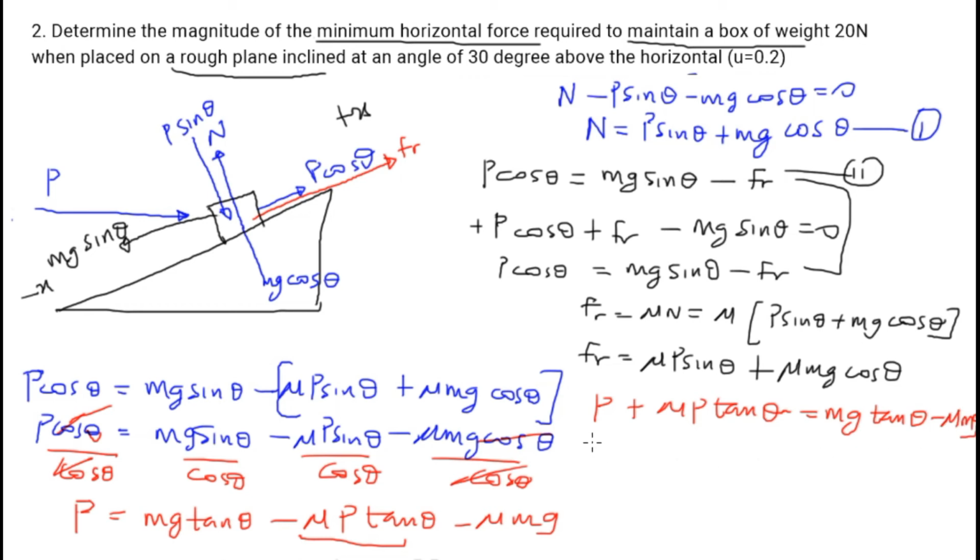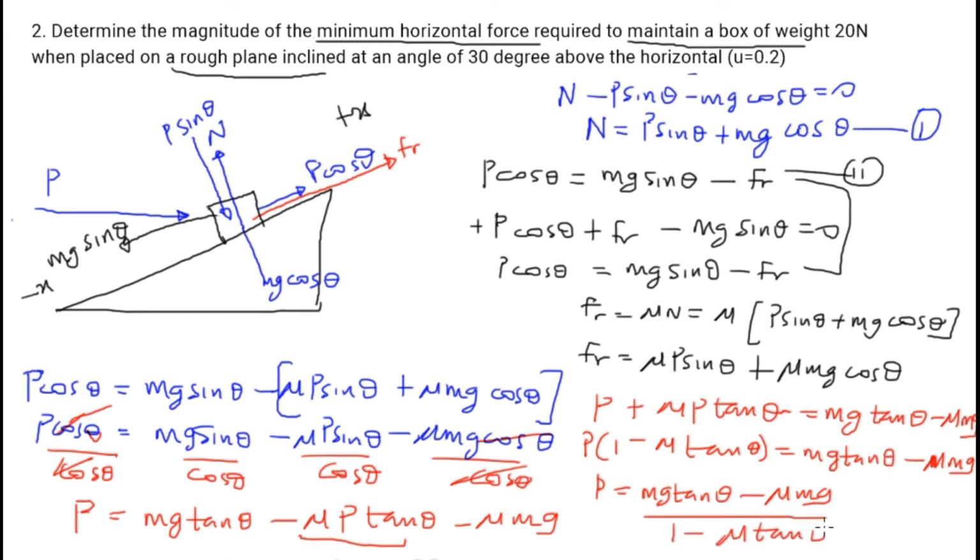Okay, so I hope there is no problem. Okay, I think it's correct. So that P is common, so that I'll have 1 minus mu tan of theta, which is equal to mg tan theta, then minus mu mg. Okay, so that P is equal to mg tan theta minus mu mg upon 1 minus mu tan of theta.